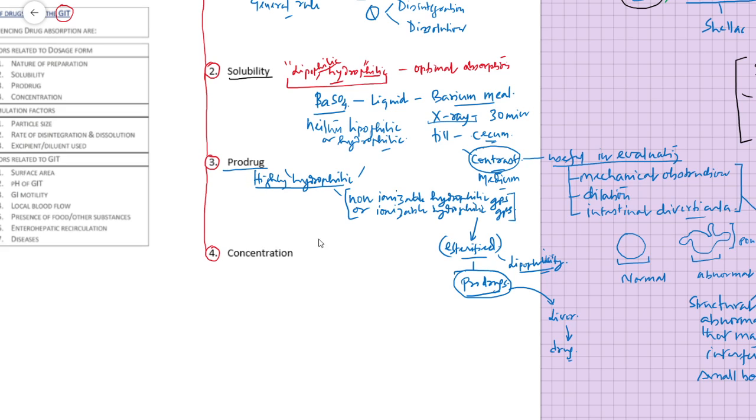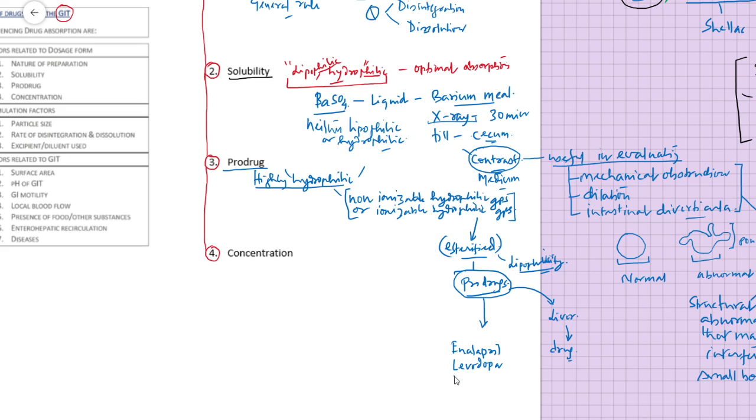Okay, so there are lots of examples of these drugs. Let's list a few of them. So prodrugs, the examples would be enalapril, an ACE inhibitor used for hypertension. Then there is this drug which is given for Parkinson's disease, levodopa.